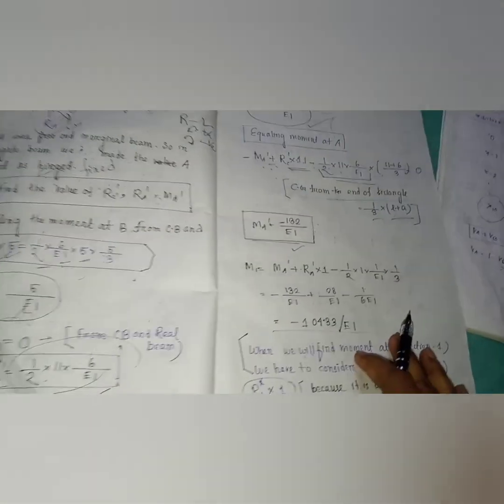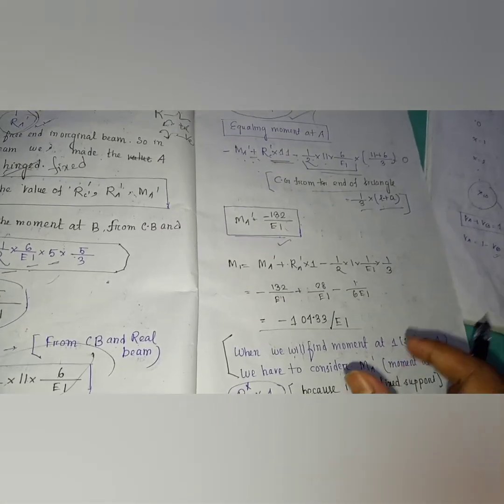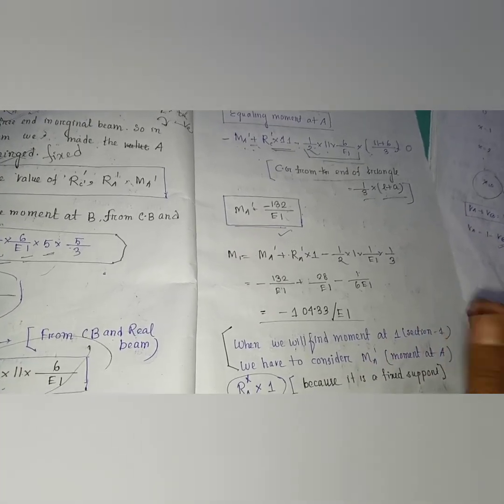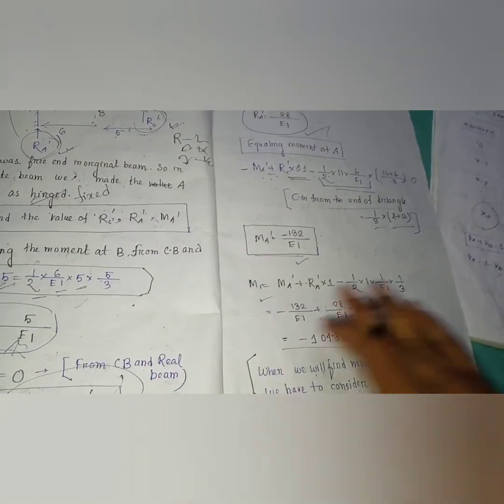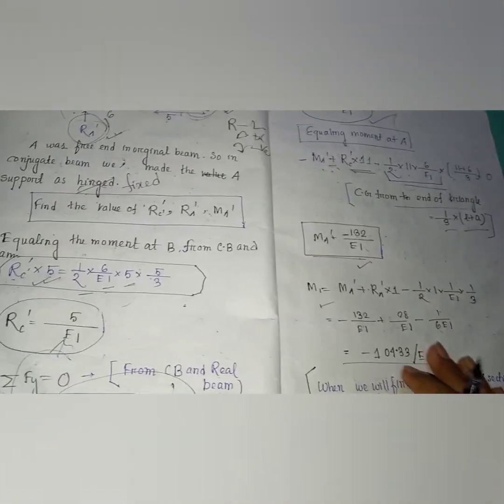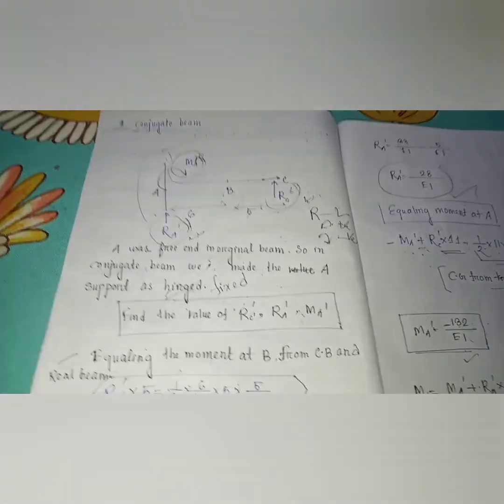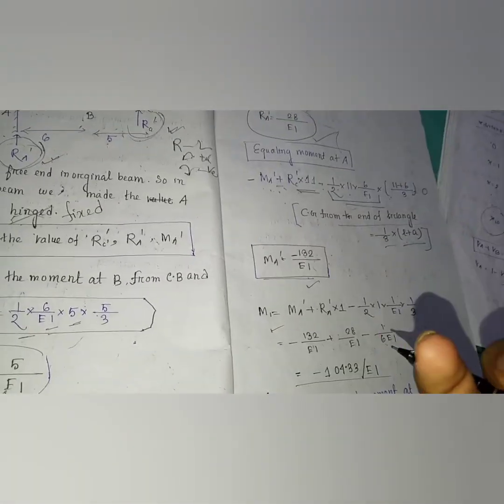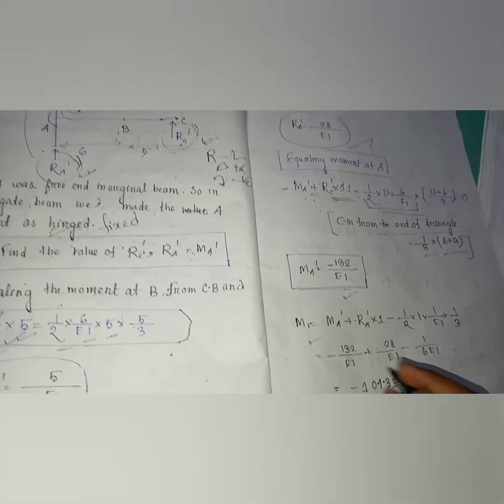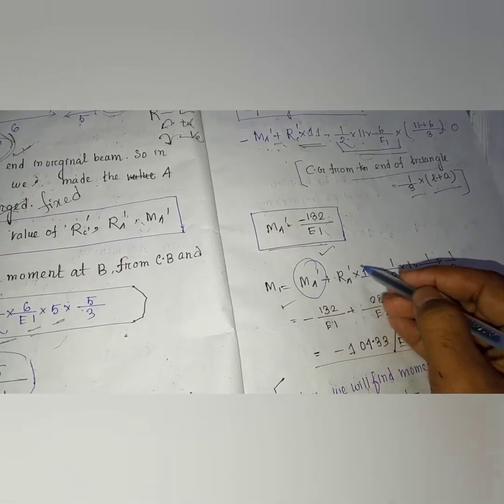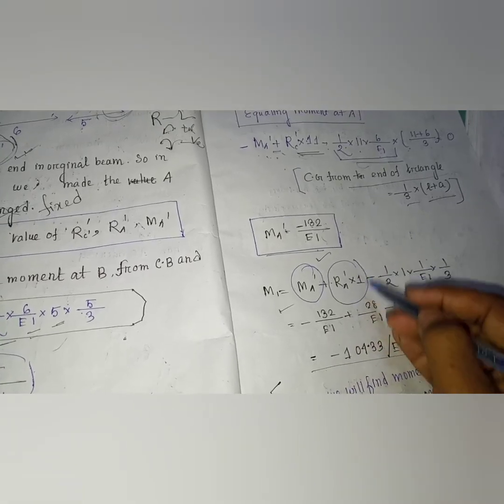Right. Now we have to find the moment value at each and every section: M1, M2, M3 dash. All the values we have to find. Now just consider one thing. When we try to find the value of M1, then these values we have to consider, means MA dash and RA dash into 1.